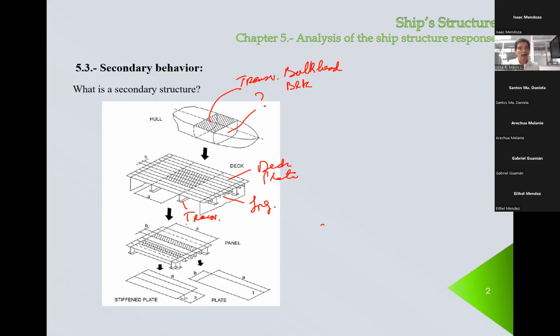Now you see this. Would you consider this as a longitudinal framing system or transverse framing system? Mr. Cedeño, Axel Cedeño, would you consider this as a longitudinal framing? Mr. Cedeño? Good morning, doctor.